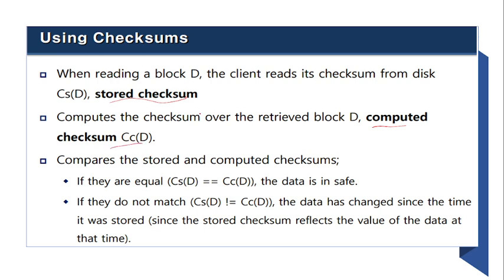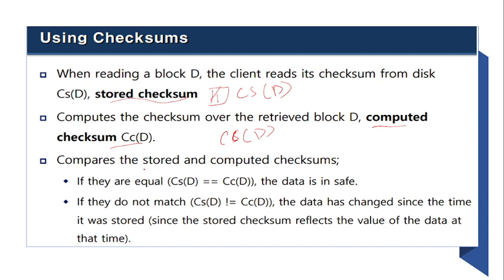Okay, so at the first stage when it is stored, it is called CS of D, that is the stored checksum. When it is retrieved, it is called CC of D, the computed checksum.